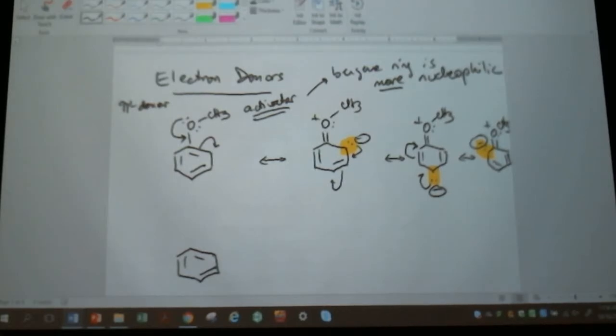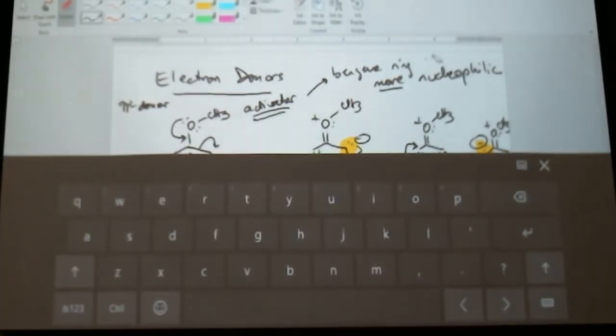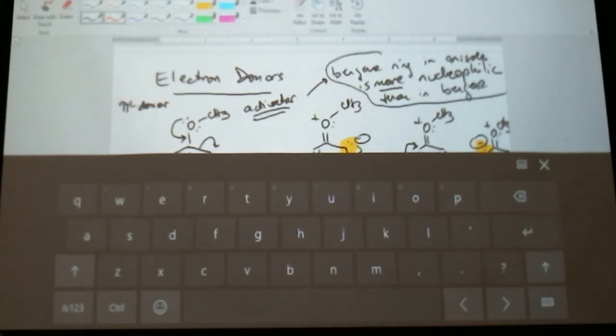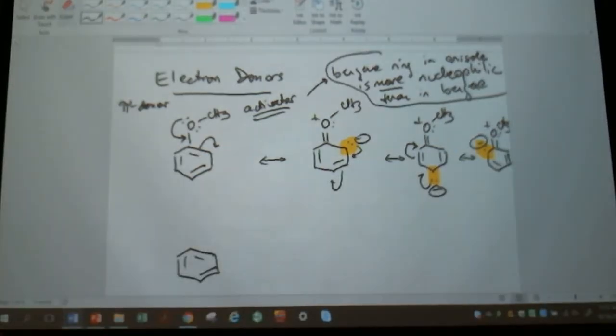More nucleophilic in anisole than in pure benzene. Okay? Anisole. So we call that an activator.